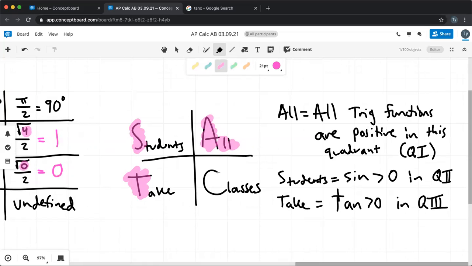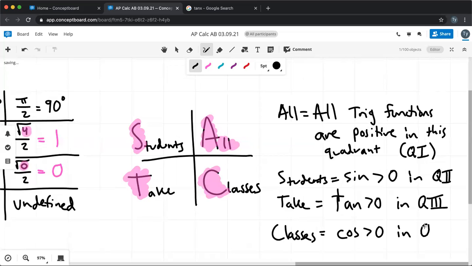And you probably see the pattern now. This is classes, starts with a C. So we have cosine is positive in quadrant 4.